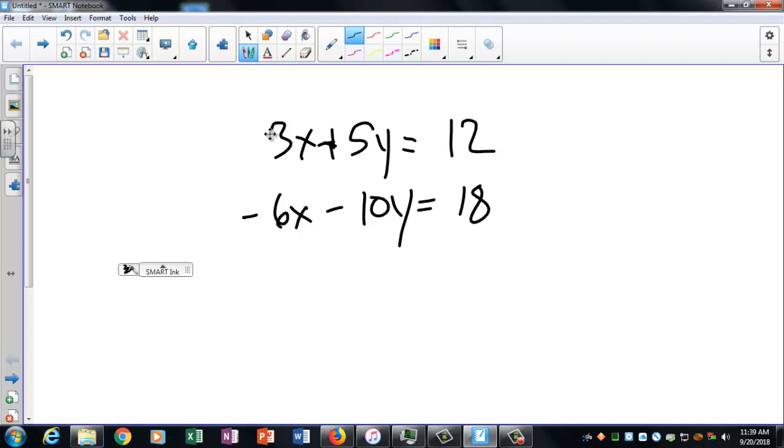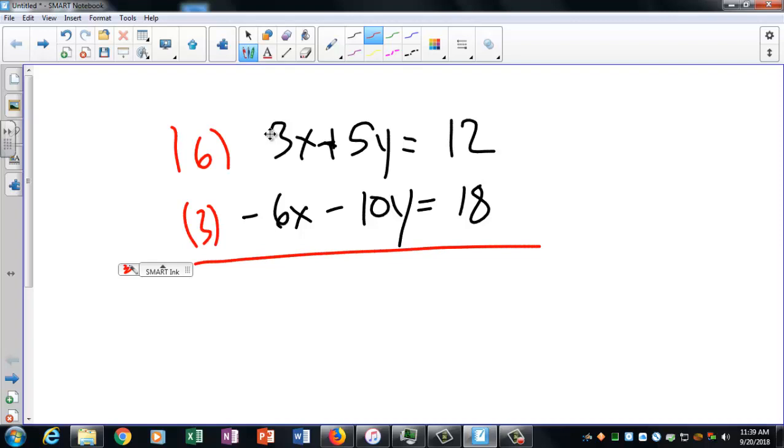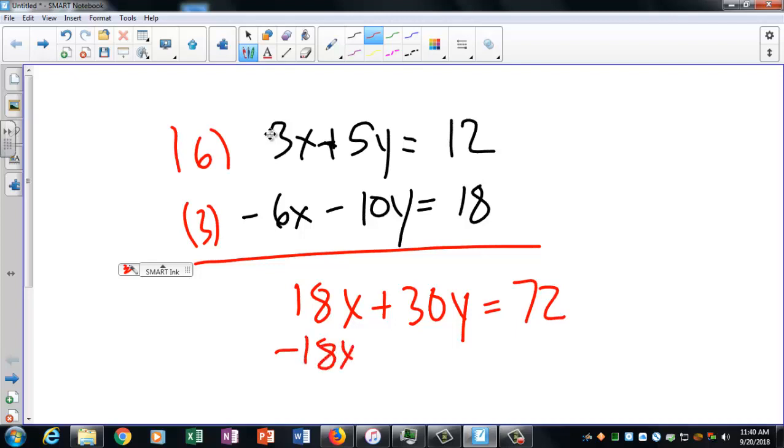And so what happens is when we have a situation like this, if we do what I just told you to do, which is to multiply this by 6 and this by 3, 6 times 3x is 18x, 6 times 5y is 30y, equals 72. This is negative 18x minus 30y equals 54.